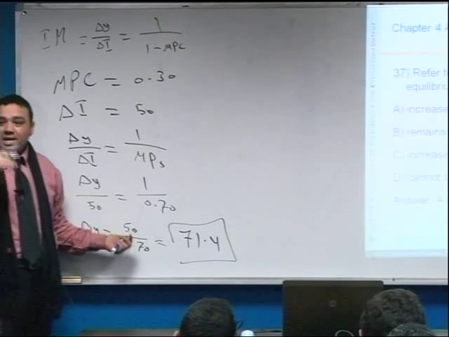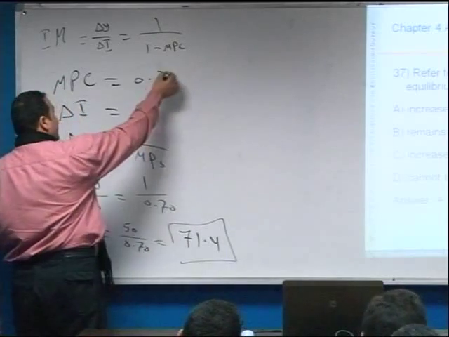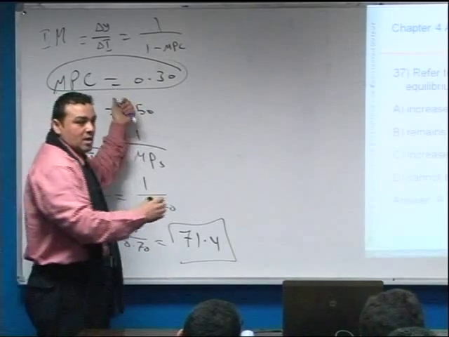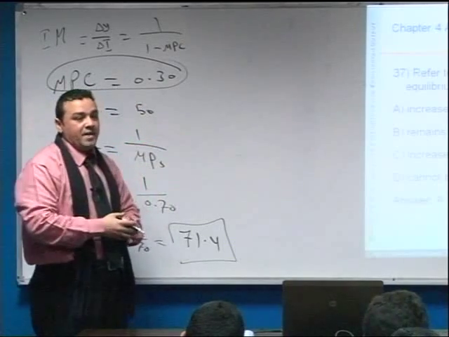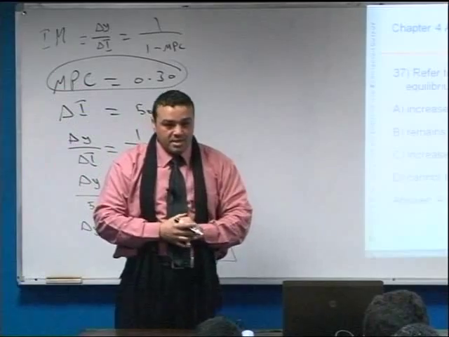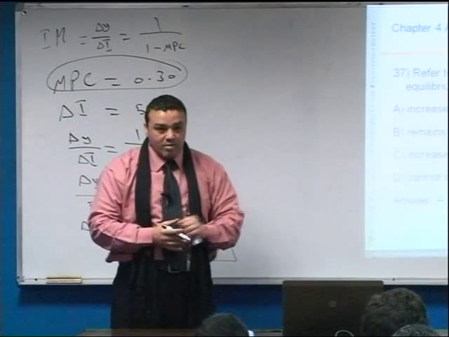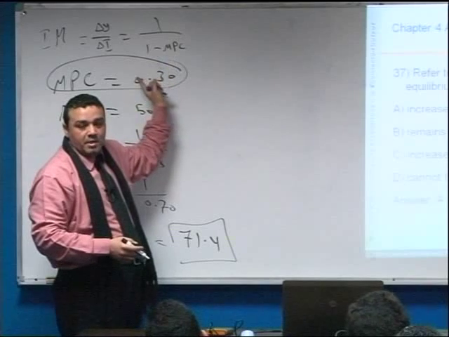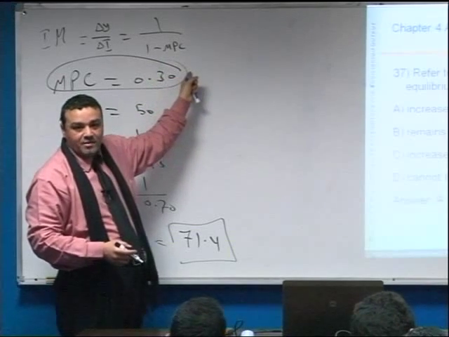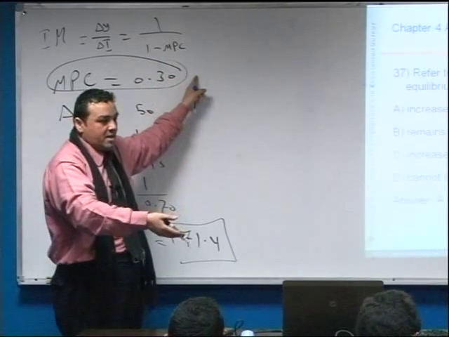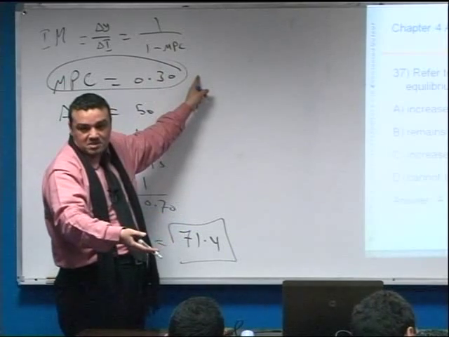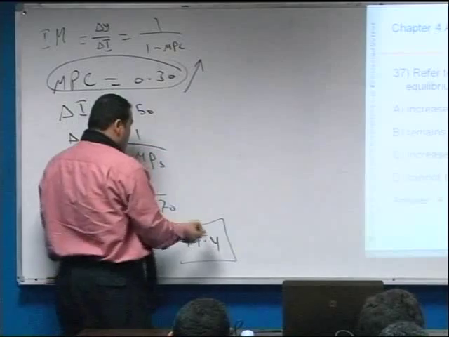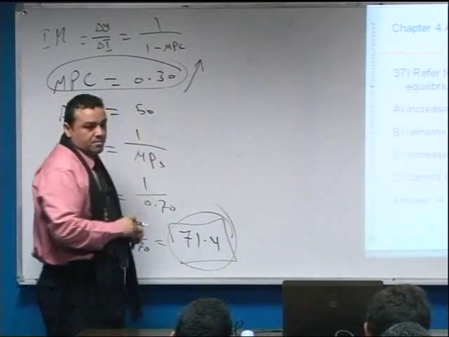So the increase in the value of MPC, the marginal propensity to consume, leads to an increase in the change in the aggregate income or the aggregate output. In the previous case, when the MPC equals 0.25, how much is the increase in the aggregate output? 66.6, right? But now the increase of MPC leads to an increase in the aggregate output, right?